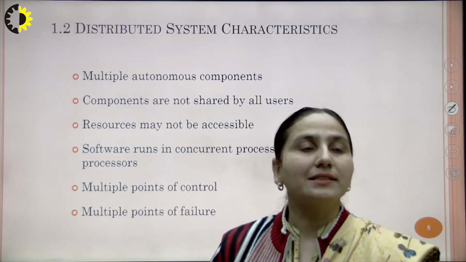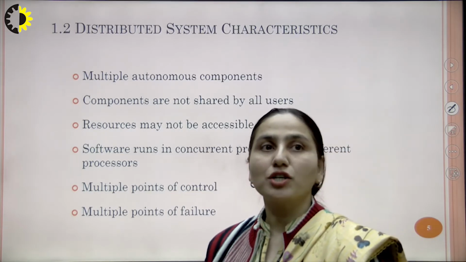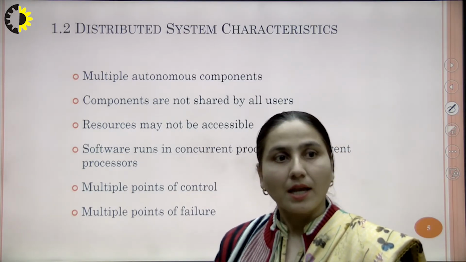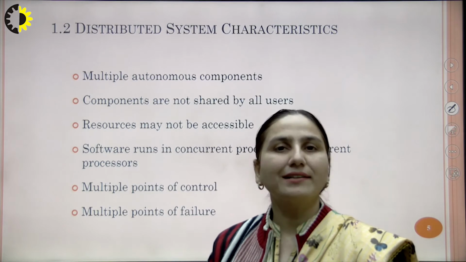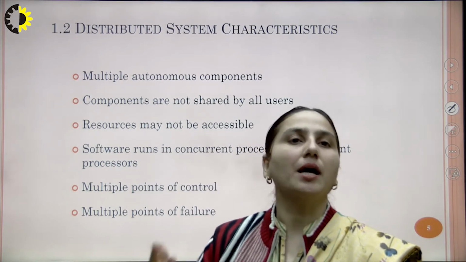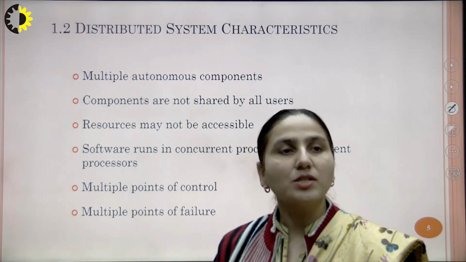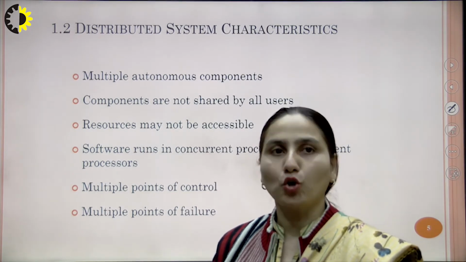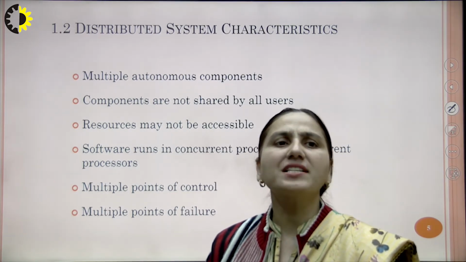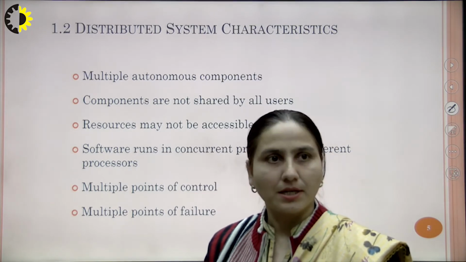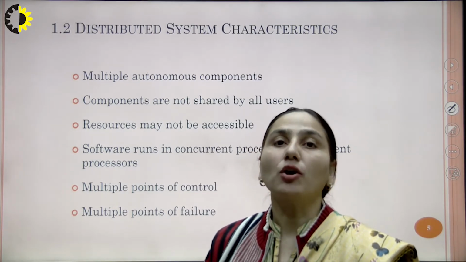Now, let us discuss the characteristics of the distributed system. In a distributed system, as I told you, there are different components and they communicate and coordinate by the passing of messages. So, in this we have multiple autonomous components. The components are not shared by all the users. Then resources may not be accessible.